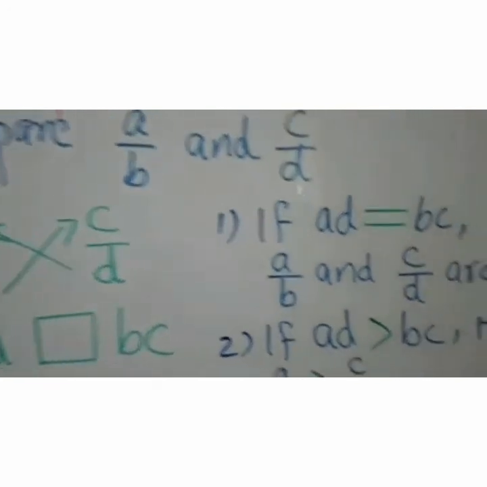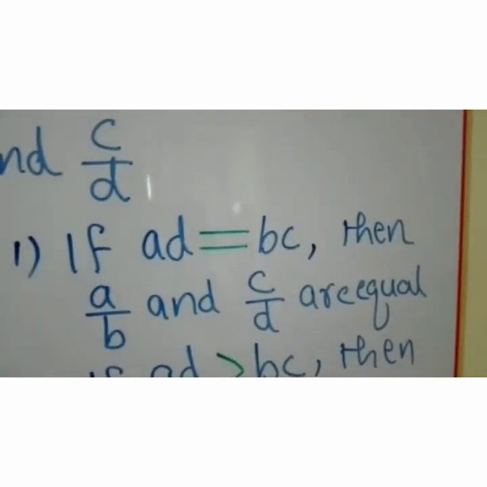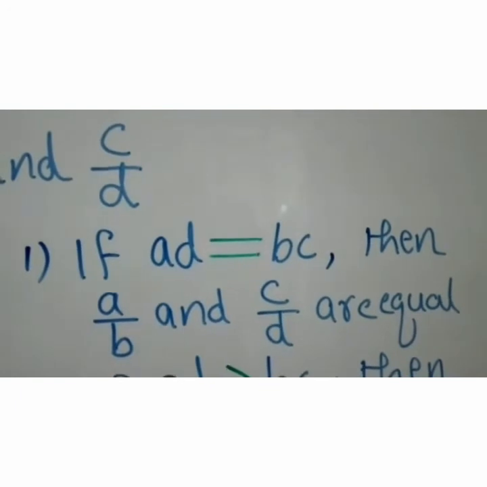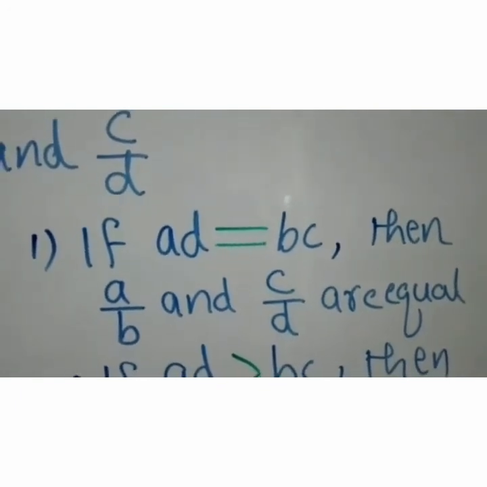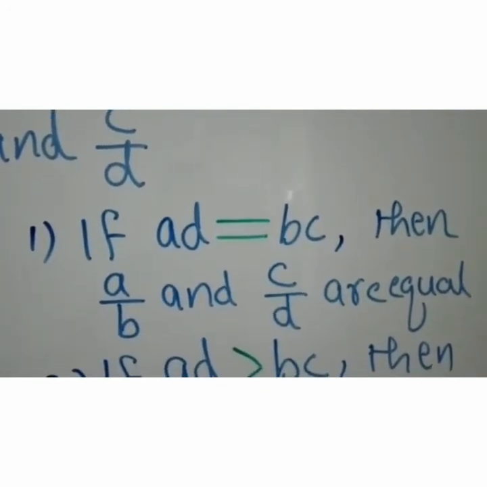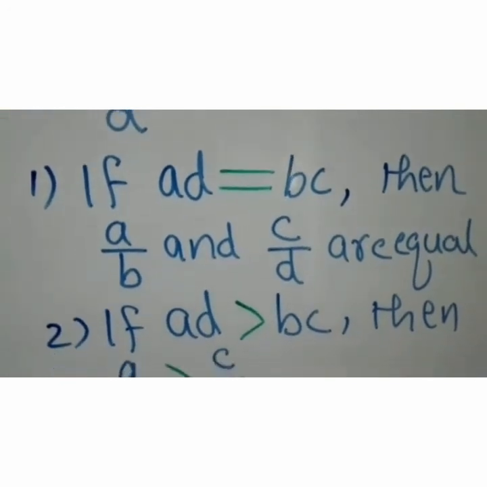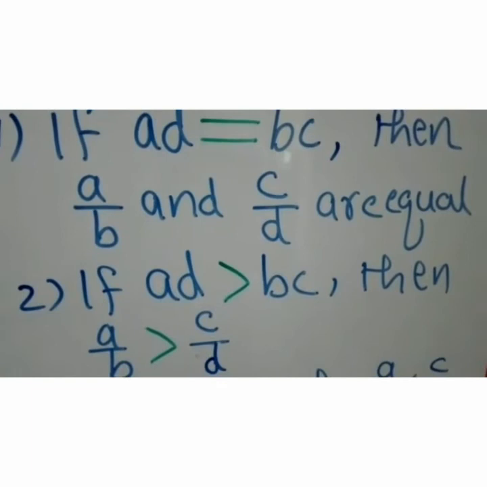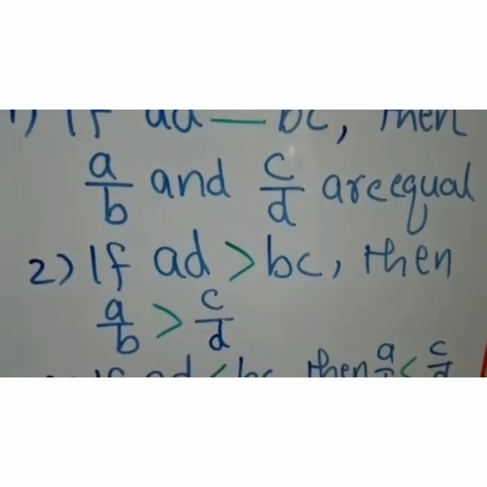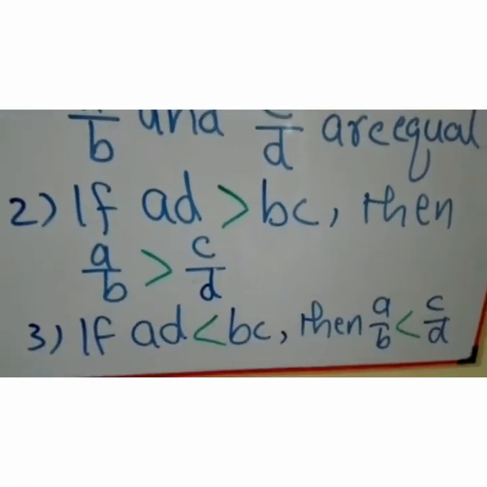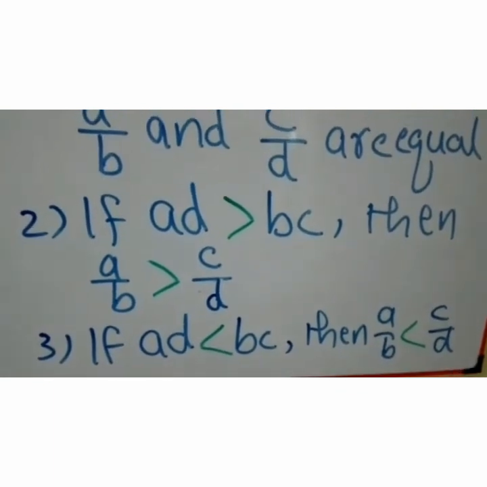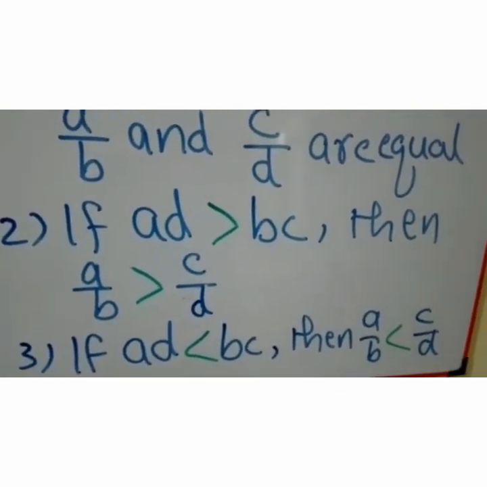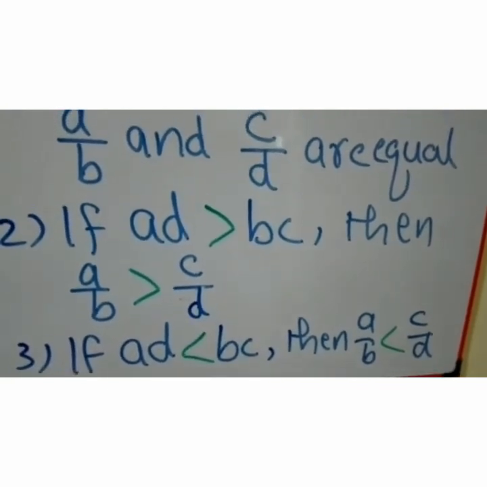Now if AD is equal to BC in that box, then A by B and C by D are equal. If AD is greater than BC, then A by B is greater than C by D. In the third case, if AD is less than BC, then A by B is less than C by D. Now let us do some examples.